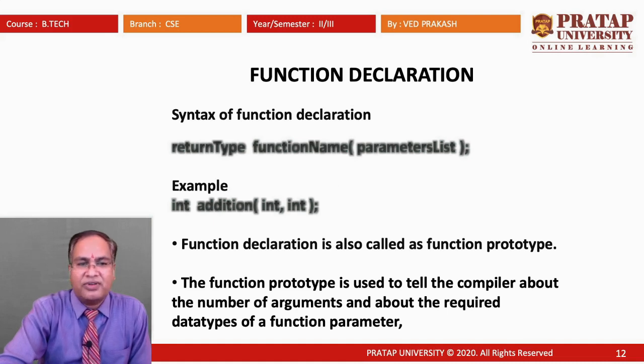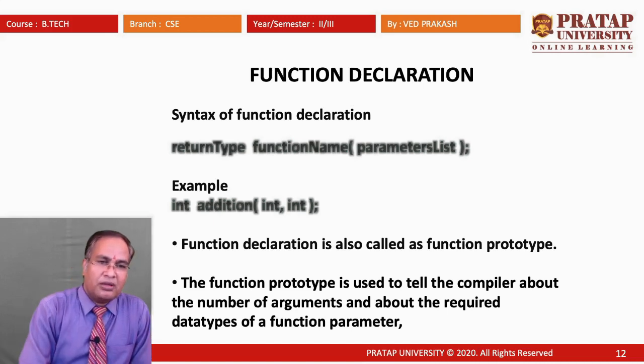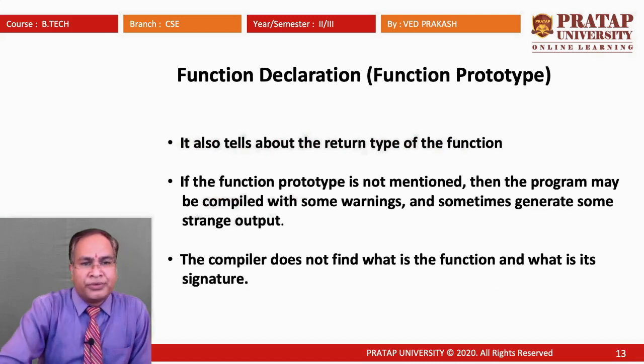And why do we need the function prototype? The function prototype is used to tell the compiler about the number of arguments passed in the parentheses and the types of the parameters. We can also say that the function prototype is basically used to introduce the function signature.